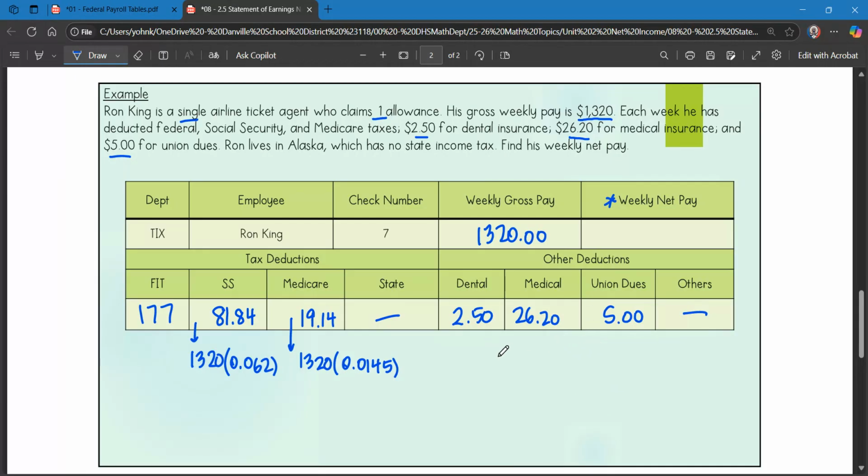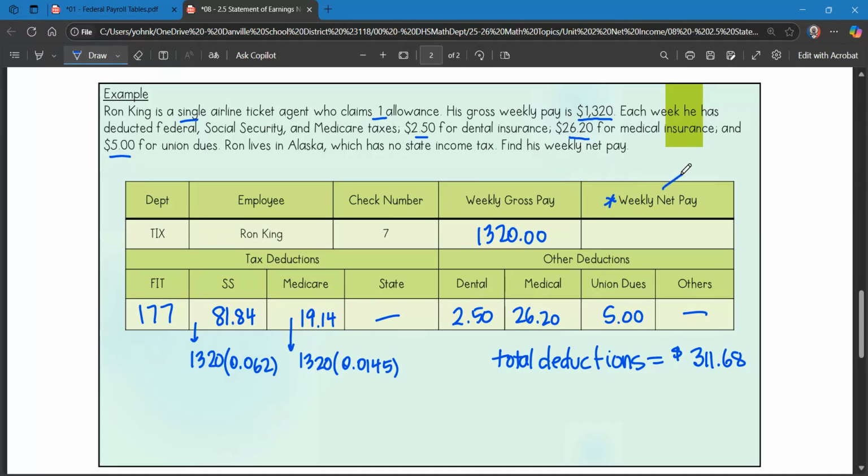So first thing you want to do is you want to find all your total deductions. So take all of those numbers in the bottom row and add them all up. If you do that, your total deductions are $311.68. Now we're going to take that total deduction and we're going to take our weekly gross pay and subtract them.